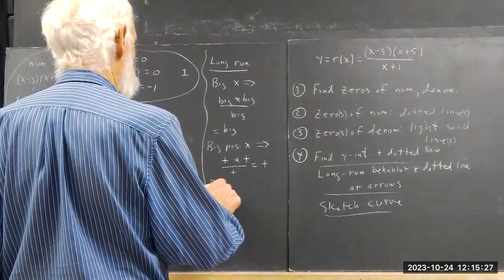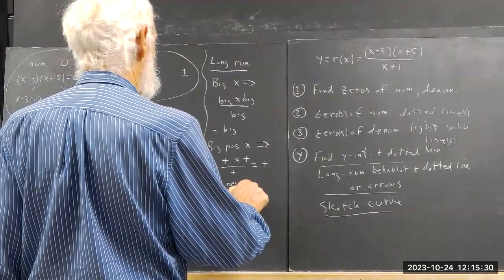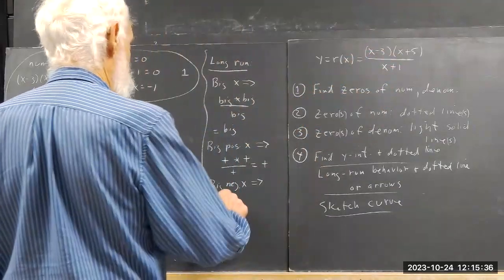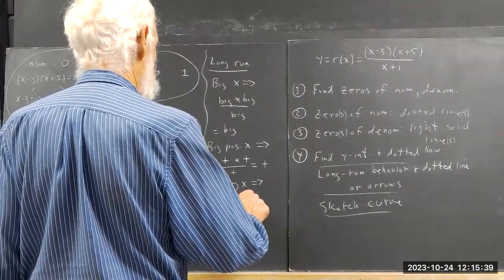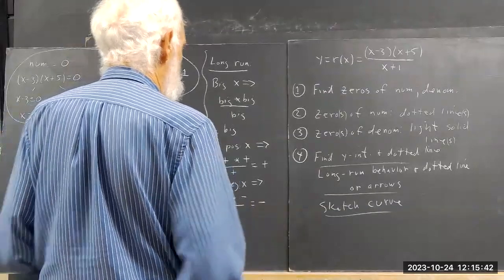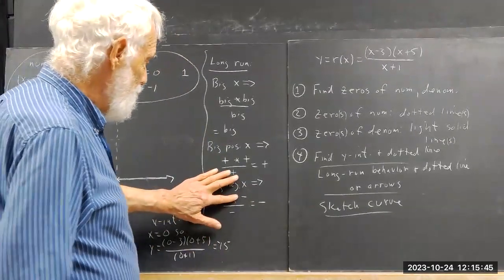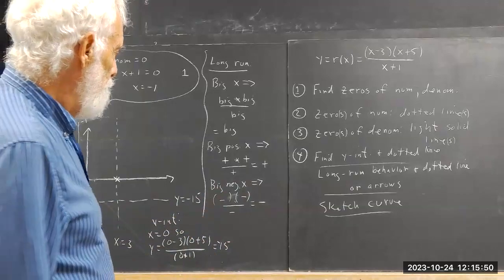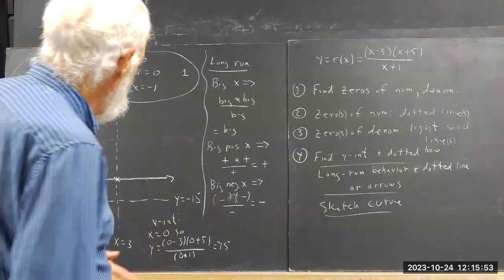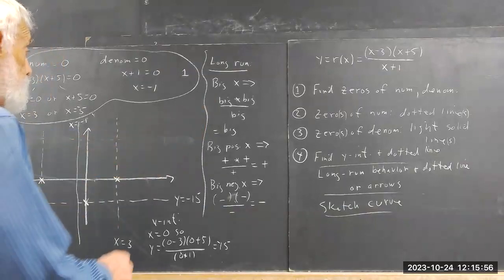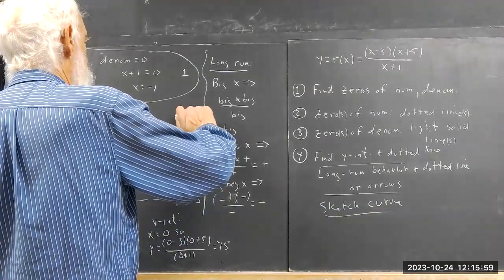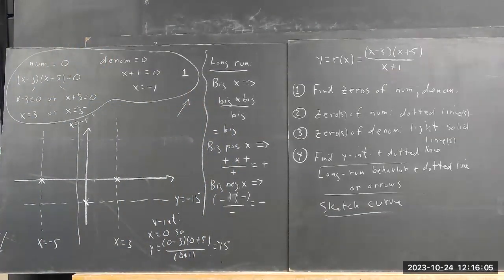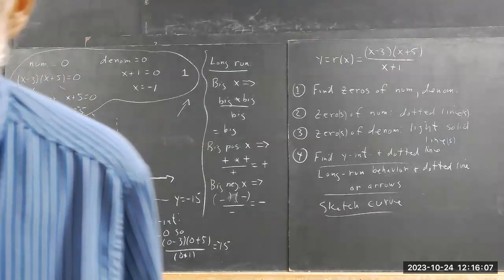And a big negative number: if x is a big negative number, all three of these are negative. We have a negative times a negative over a negative. Well, that's 3 negatives. Let me use parentheses. This means that on this side, we have a big positive x. And on this side, we go to a big negative x.